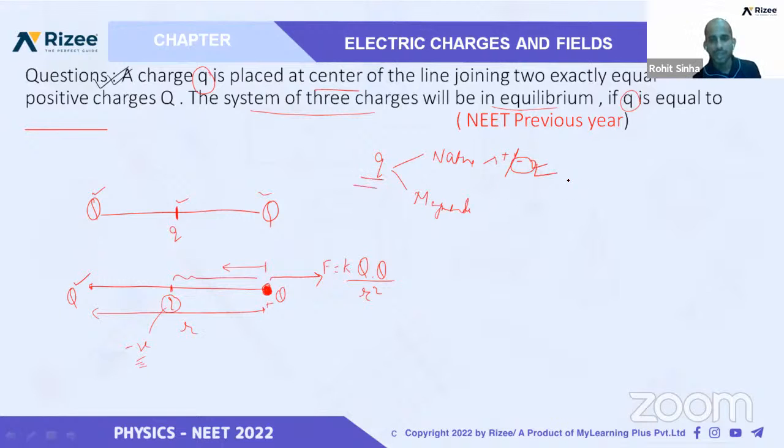Now we will check the options and focus on the negative charge only. Now let us find the magnitude. The force F will be k capital Q small q divided by the distance, which is R by 2, whole square. To be in equilibrium, this force F dash and this F should be equal.